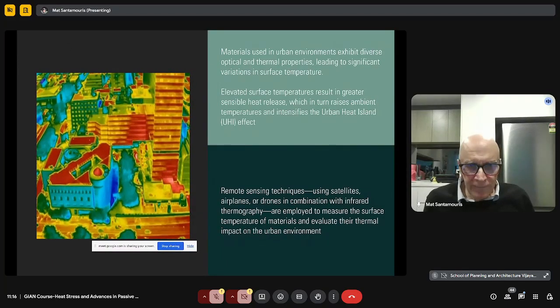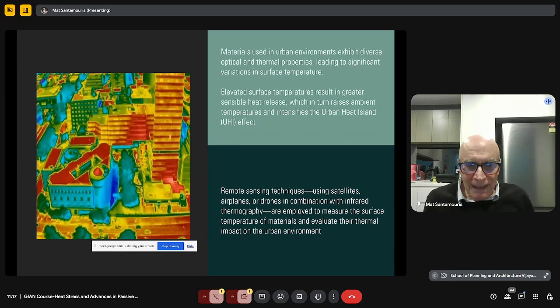What is infrared thermography? It is a measurement and experimental technique which can intercept the radiation sent by the materials. And given that the radiation sent by the materials is a function of the temperature, we can dissociate the radiation from the temperature and so understand the absolute value of the temperature.